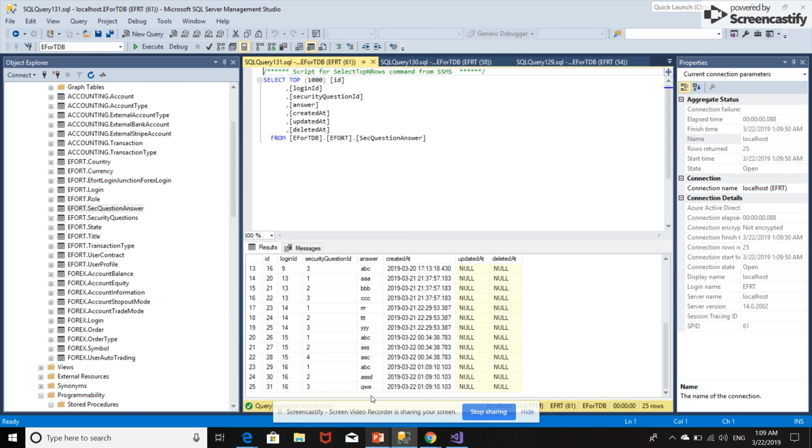Let's check: ABC, ASSD, QWE. Security question IDs are 1, 2, and 3 because I selected the first three questions. Login ID is 16, 16, 16. So the user login ID is 16. So the login ID with the corresponding question ID and answer is successfully saved in the table.